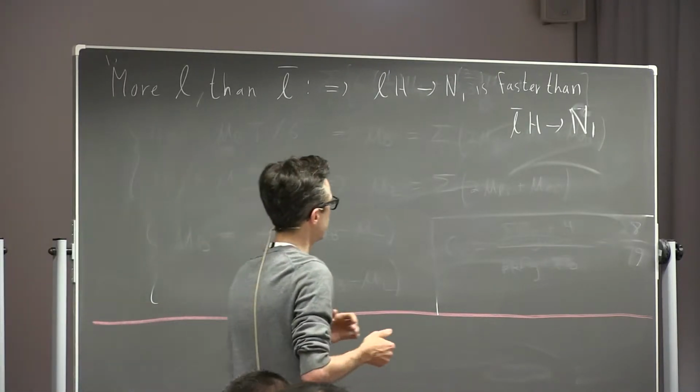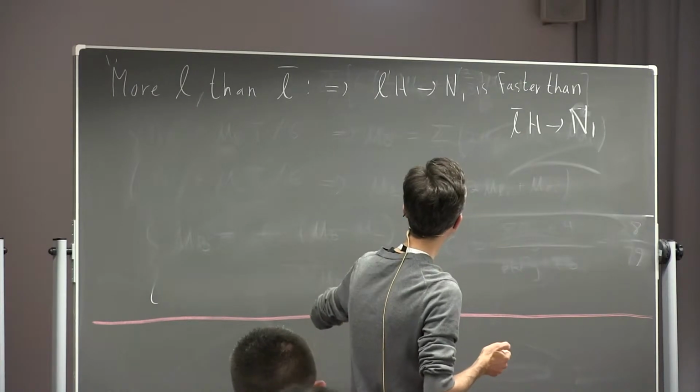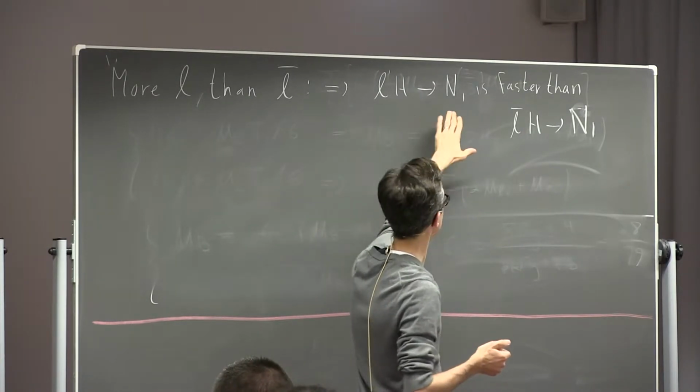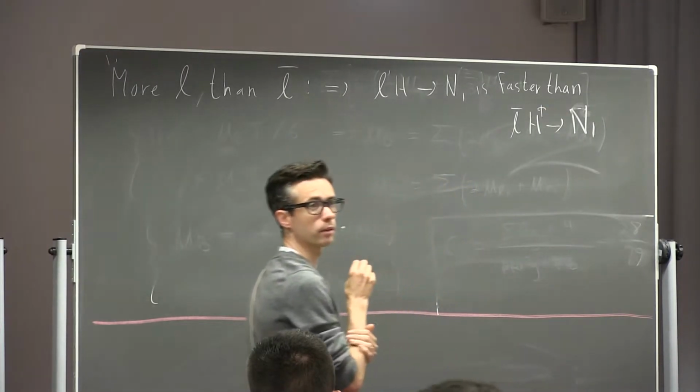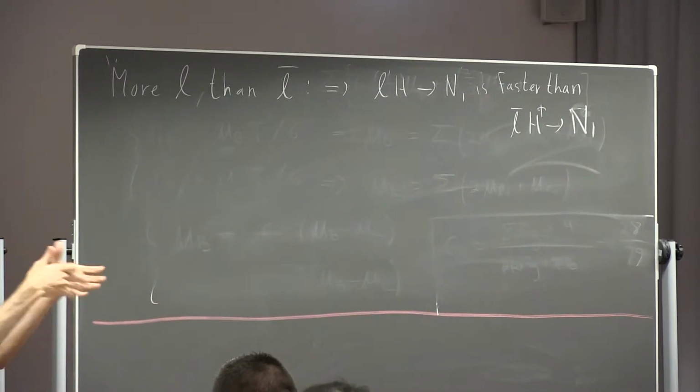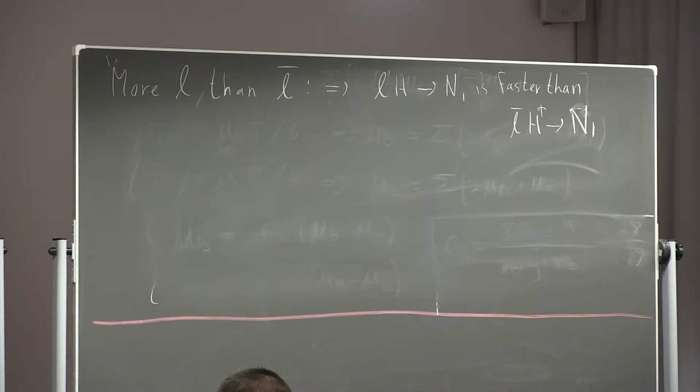If I have more leptons in the plasma, it's now more likely for a lepton to find a Higgs to make an N1 than it is for an anti-lepton to meet an anti-Higgs to make an N1, just because I have more initial states that can scatter.